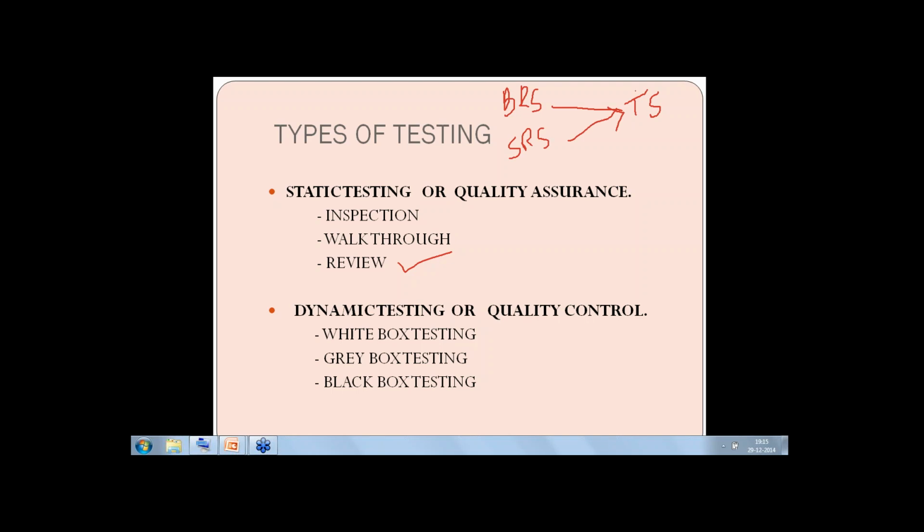When you make it, you are going to review whether this test strategy document is correct or not. Is it following the BRS or the SRS? Is it according to what is required for the application that is getting tested? Is it understandable by the persons who will use this test strategy document for writing other documents of your testing or for carrying out your execution?